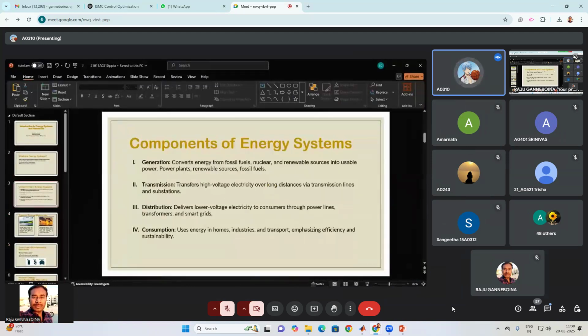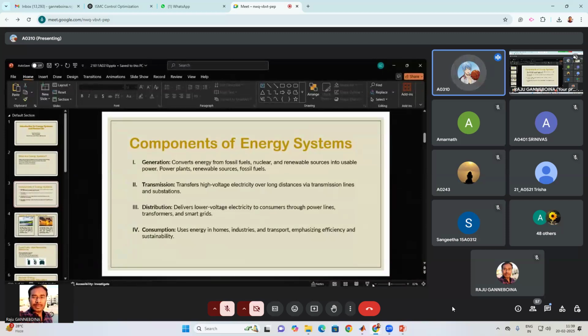Coming to the next slide. The next slide is about components of energy systems. There are four main components, as I mentioned earlier: generation, transmission, distribution, and consumption. Generation involves the conversion of one form of energy to another form, so usable power. Transmission is transmitting the generated power over long distances via transmission lines and substations, so wherever it is required.